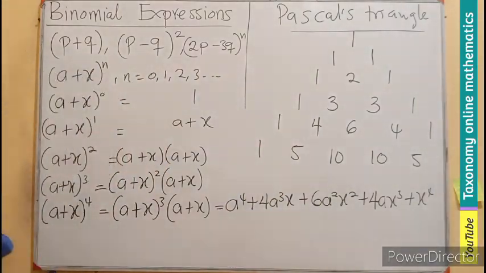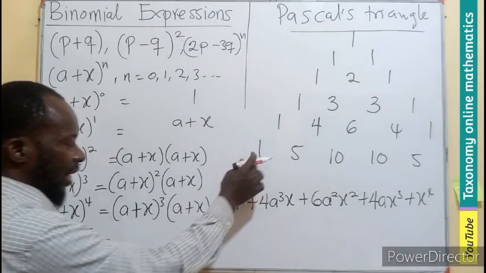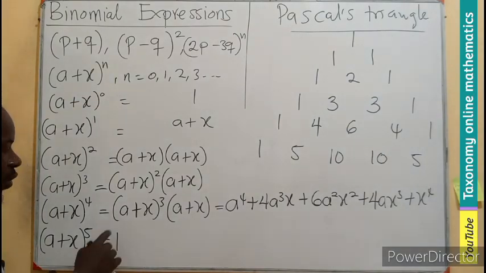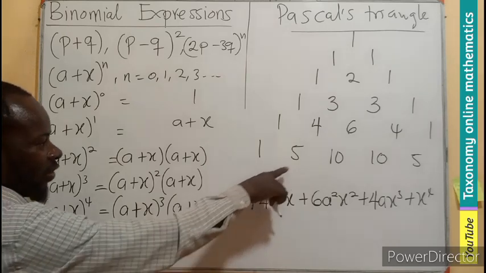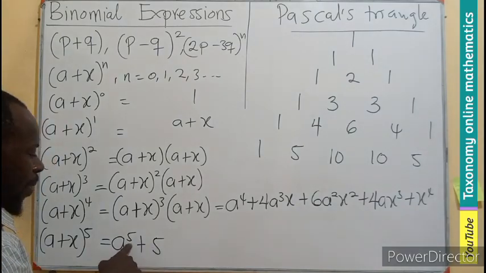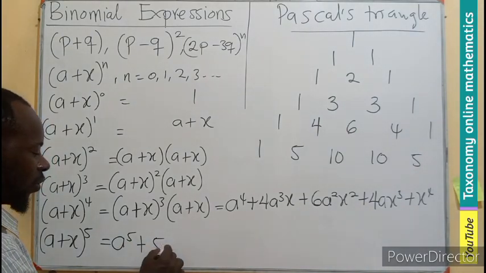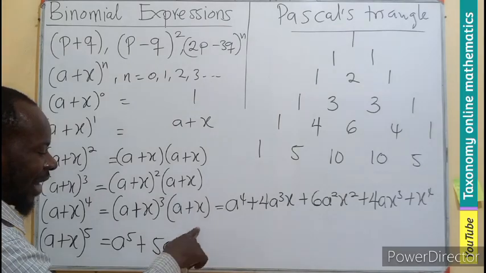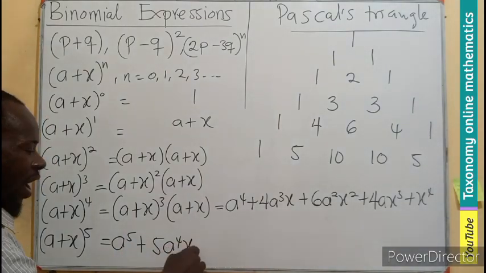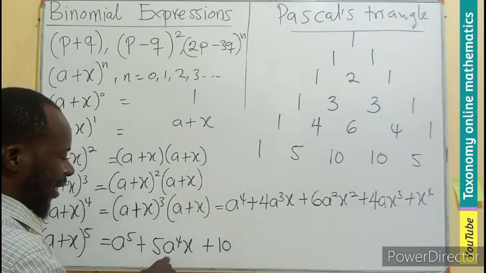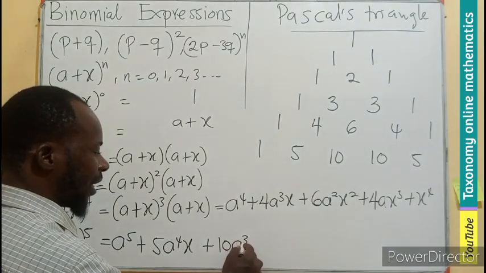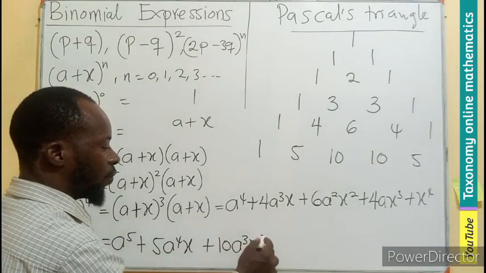So if I have a plus x exponent of 5, you can tell that the first coefficient is going to be 1 for a, and a will be to the power 5. So plus the next coefficient will be 5. The power of a must decrease. So a exponent 4, x exponent 1. Then 10, a decreases to exponent 3, and x becomes exponent of what? 2.